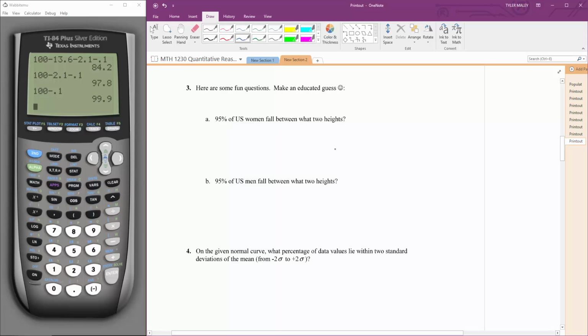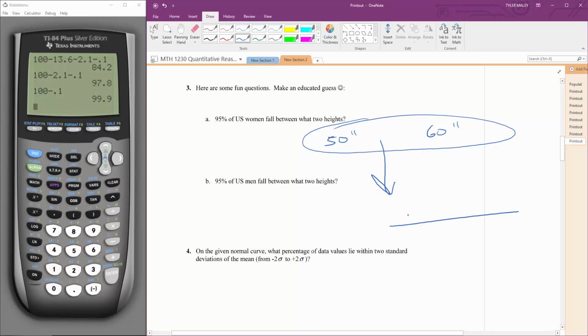Maybe you think 50 and 60 inches, whatever values you think. Then do the same for males. We want 95% of my data in between here.